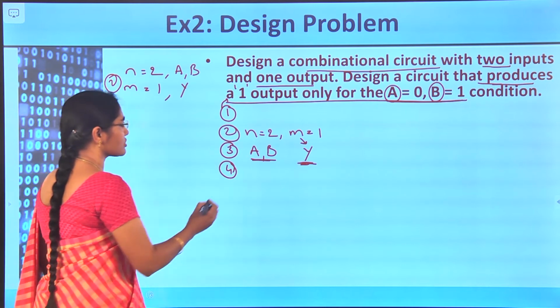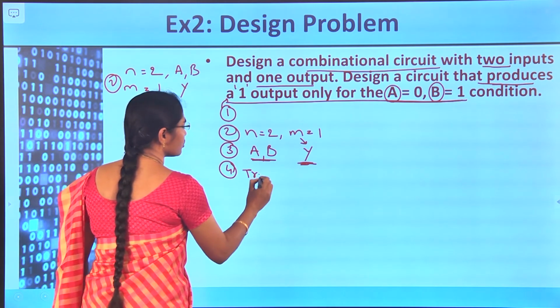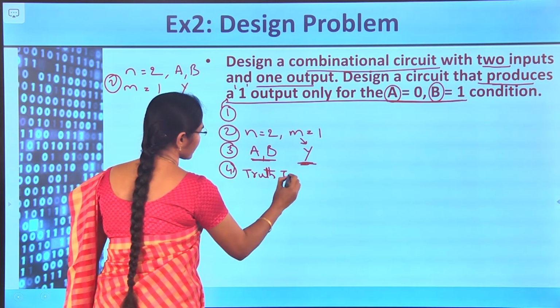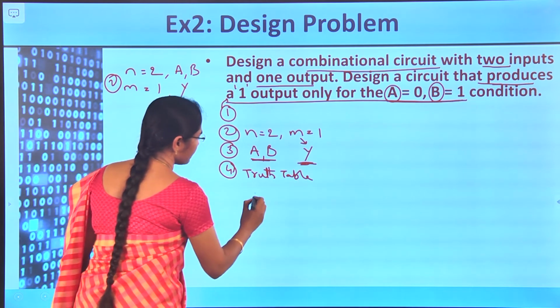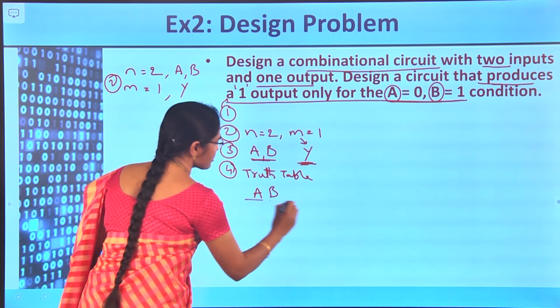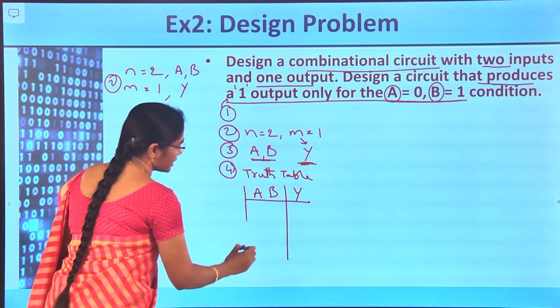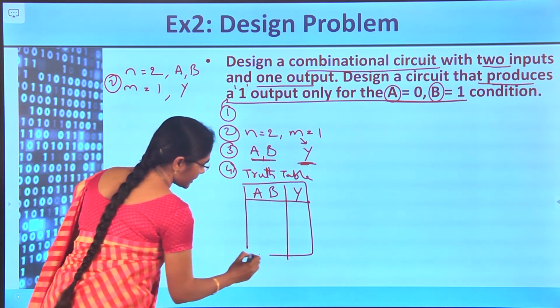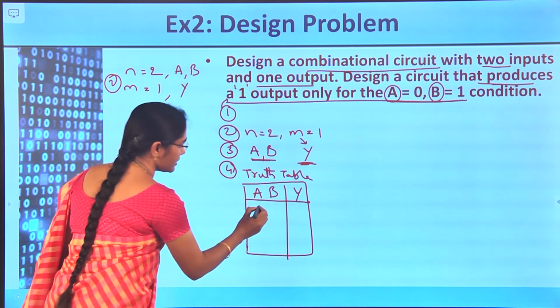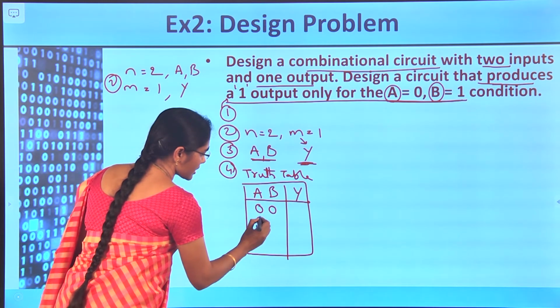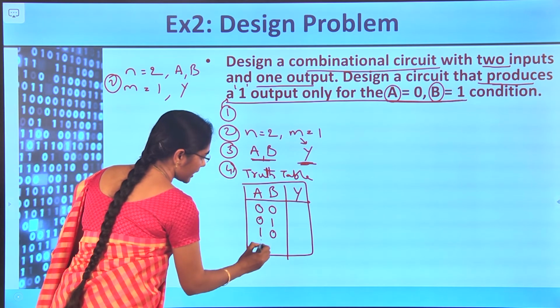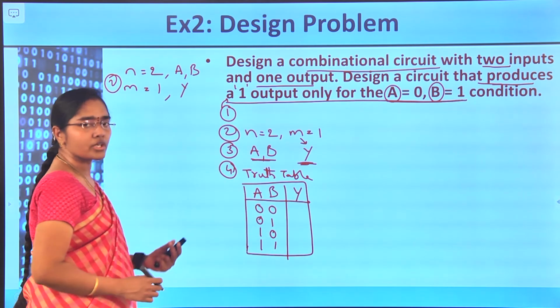So, what is our fourth step? Write the truth table. The truth table consists of all the combinations of inputs and outputs. Since 2 input variables are there, 4 different combinations are possible in the truth table: 0 0, 0 1, 1 0 and 1 1. What is y?